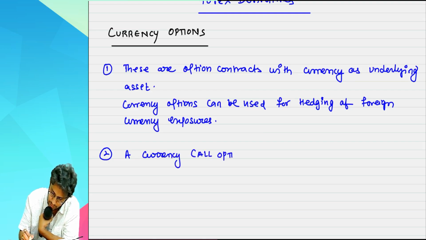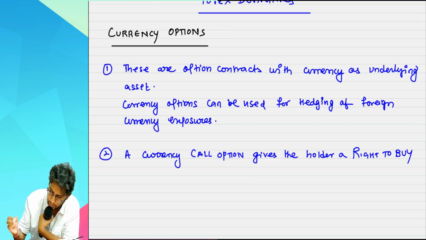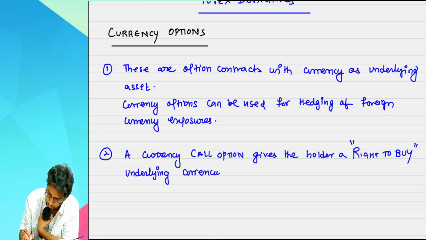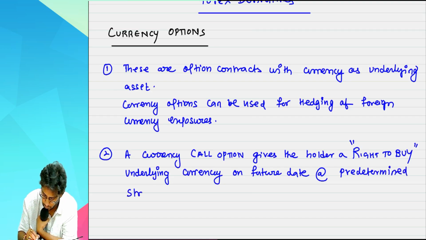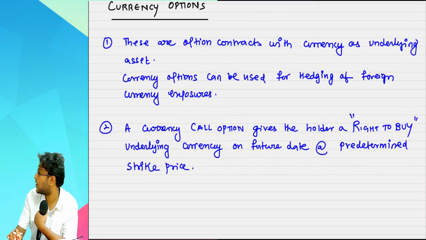A currency call option gives the holder a right to buy underlying currency on a future date at a predetermined strike price or exercise price.